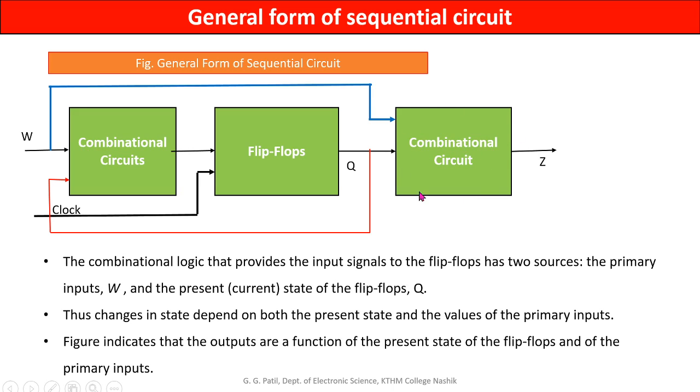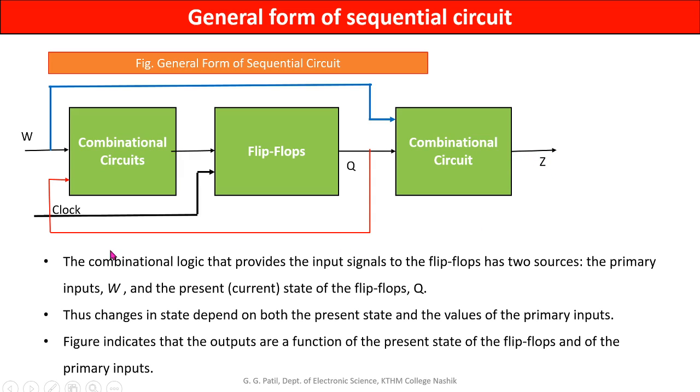Another input to this output logic is given from the input, shown by the blue line. In all circuits, there is no need to have this input provided for this combinational circuit. This circuit produces the output Z.